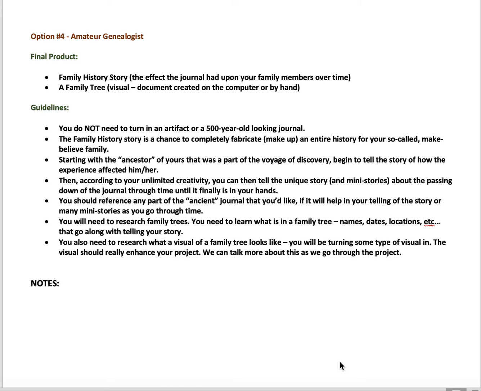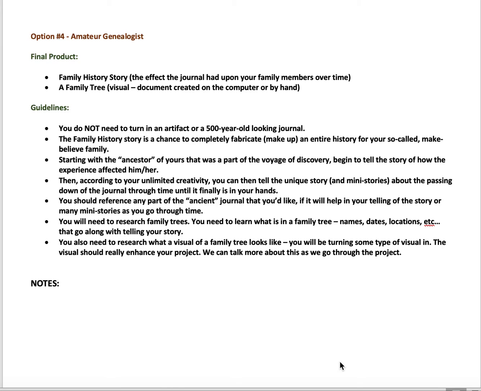Get it? Now, what you're going to do with this is clearly make up names and dates and locations of these people. You've got to be careful.